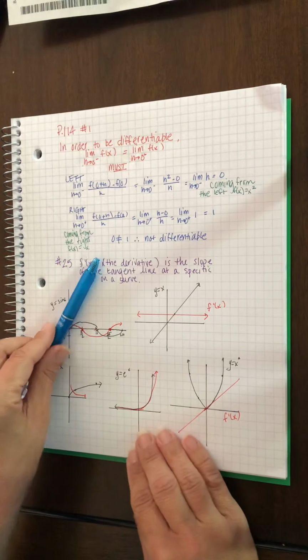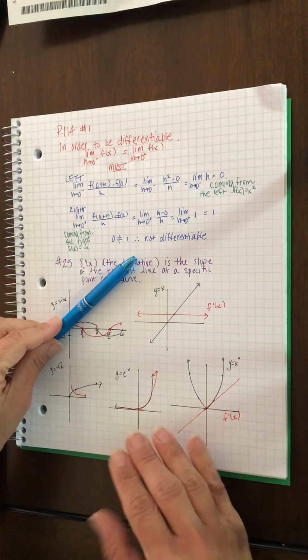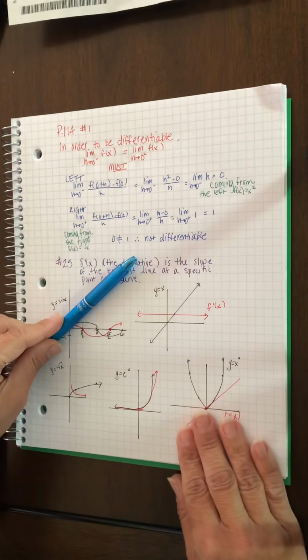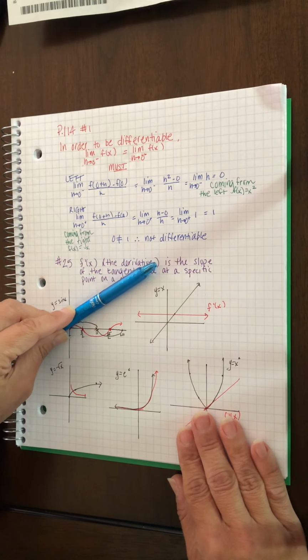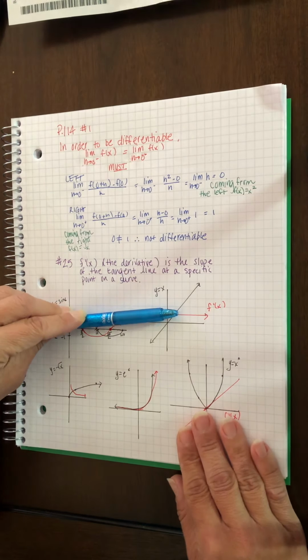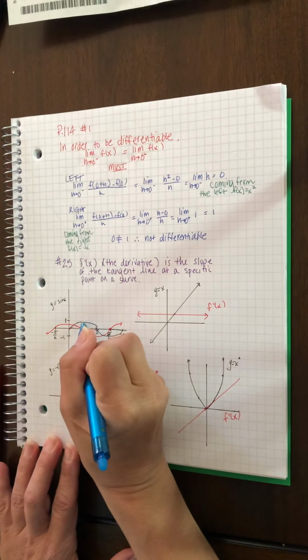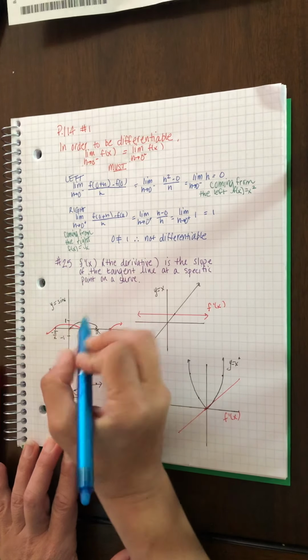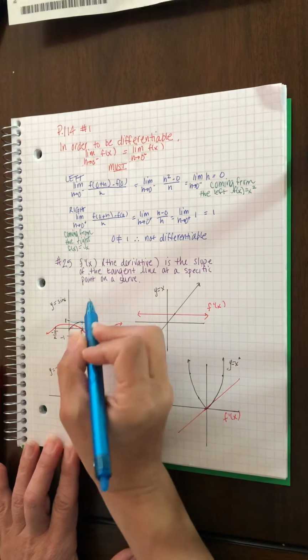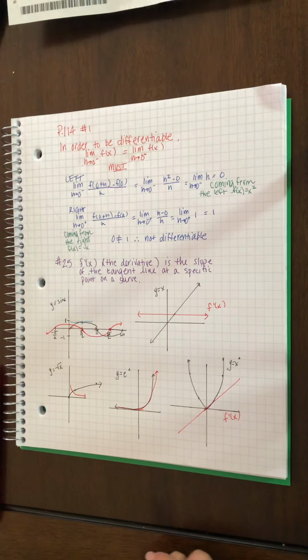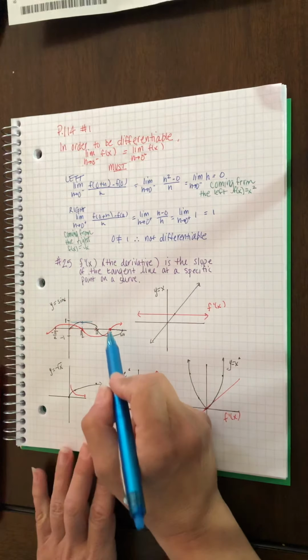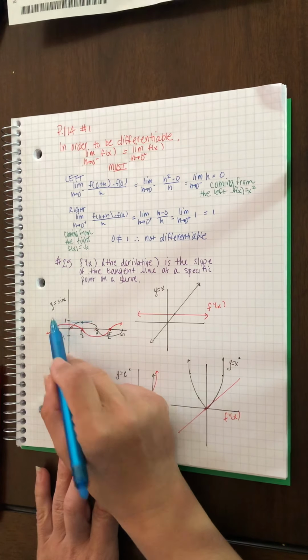The slope starts off at whatever it is, let's just say 6, and as you get closer and closer to pi over 2, the slope approaches 0. So at pi over 2 on the graph, the tangent line is horizontal, which means it has a slope of 0.